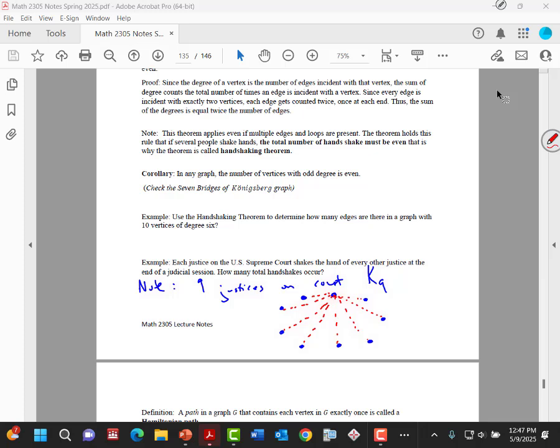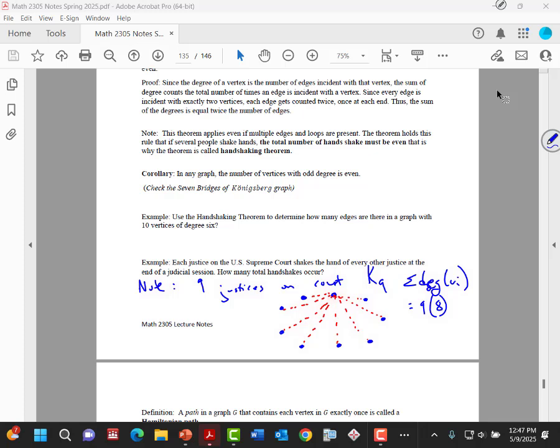Okay? So the sum of the degrees in this graph right here, well, let's see how this would work out. There are 9 vertices, 9 judges, and each person shakes 8 hands, okay? It'd be kind of awkward to shake one's own hand. So if I'm one of the 9 justices, then I would shake 8 other hands.